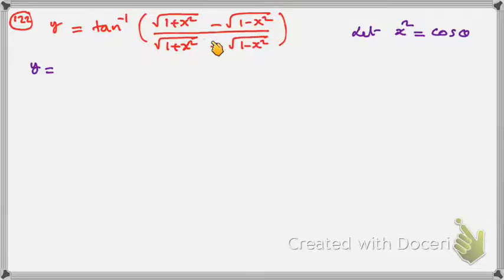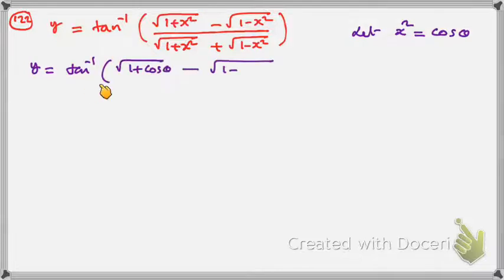So that's the reason. If you have both 1 plus x square and 1 minus x square involved in a question where there is no direct trigonometric formula available, then we will say let x square be equal to cos theta. So let's make that substitution now.